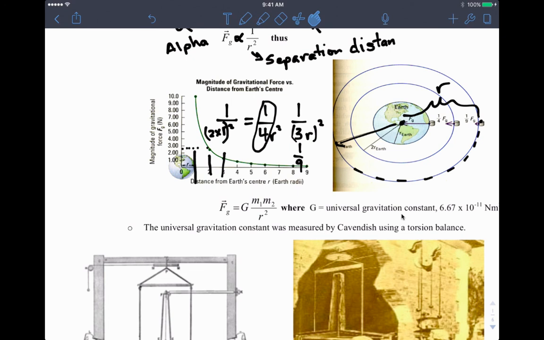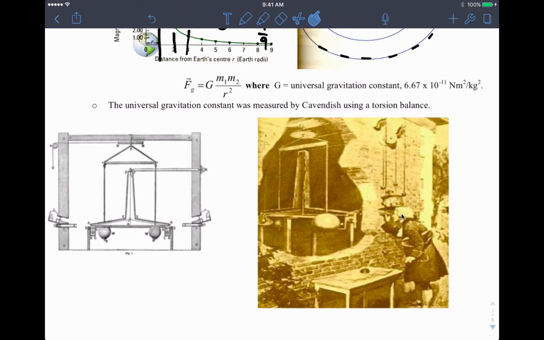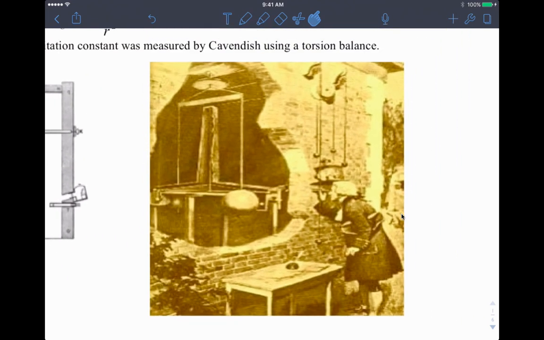How did Henry Cavendish figure out the universal gravitational constant? He used a very intuitive device called a torsion balance. And this is a picture of it here. He famously had one built, and I don't know if he pumped all the air out of it or not, but at least he eliminated wind or air currents.